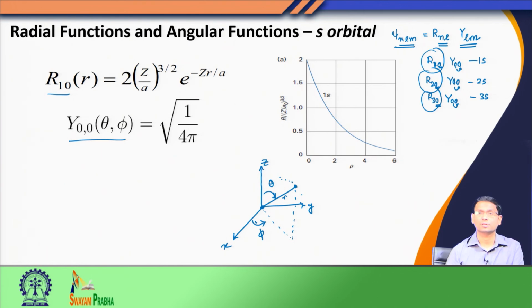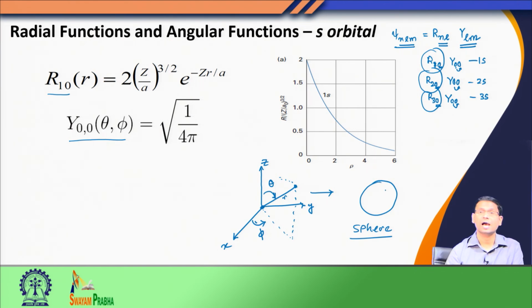distribution of the total wave function all over theta and phi space, and when I translate that to a geometric space, you would see that I will have a sphere. This sphere is coming because I have a constant distribution of the s orbital's angular wave function, but remember this radial function has r dependence, whereas theta and phi are constant throughout.